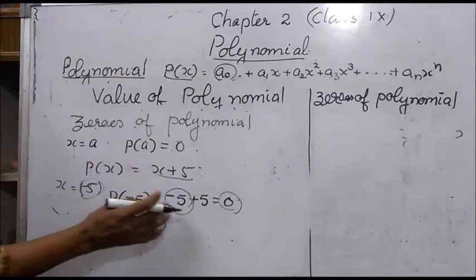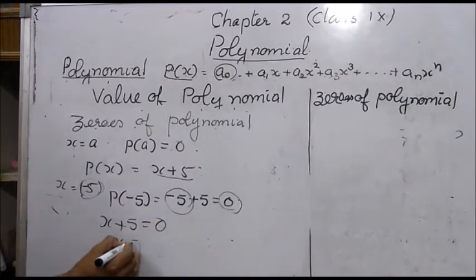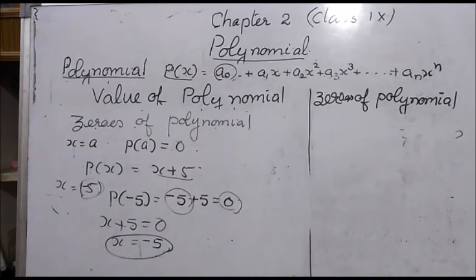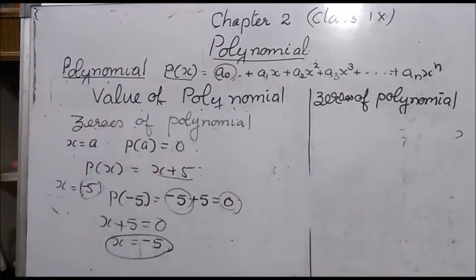The given expression equated to 0, then plus 5 goes to that side, it will become minus 5. So x equal to minus 5 is the root of this equation or zero of this polynomial.